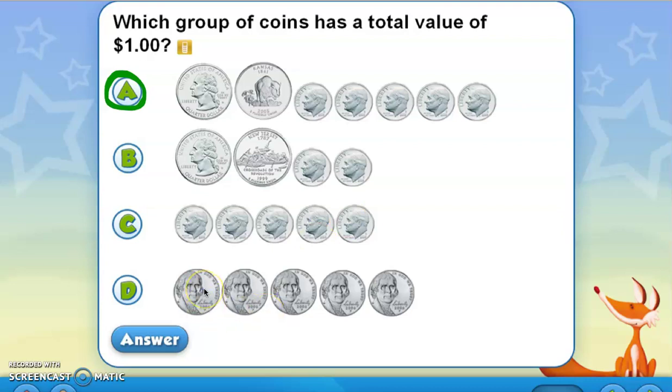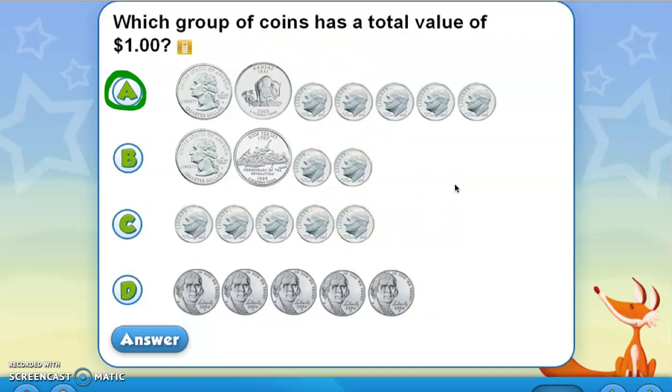And then here we got some nickels. So let's count by fives here. So 5, 10, 15, 20, 25. So this would be equivalent to 1/4, right? 25 cents. So none of these other options equal $1, so A is our answer.